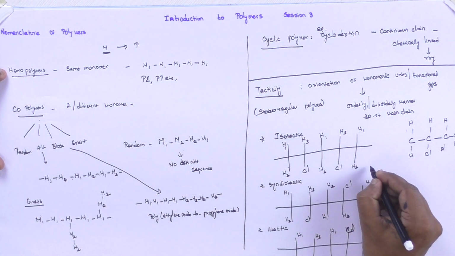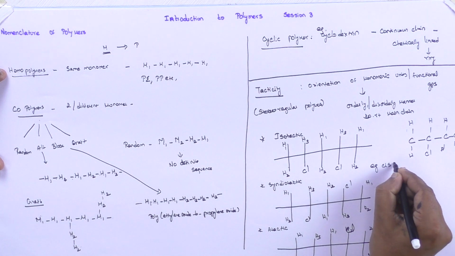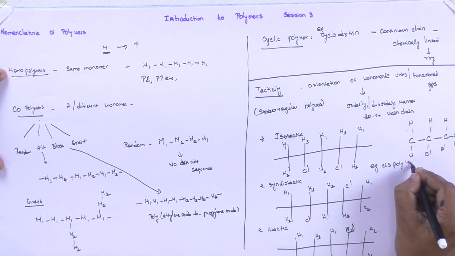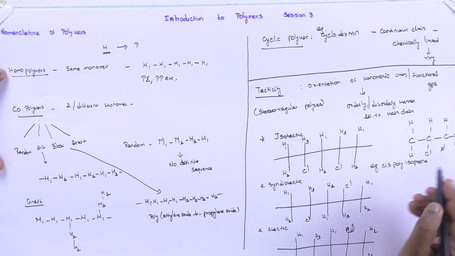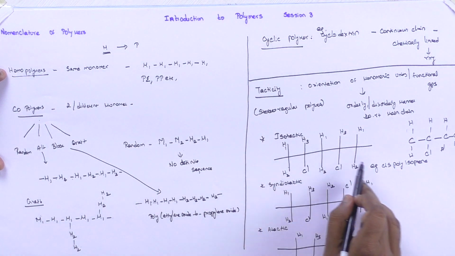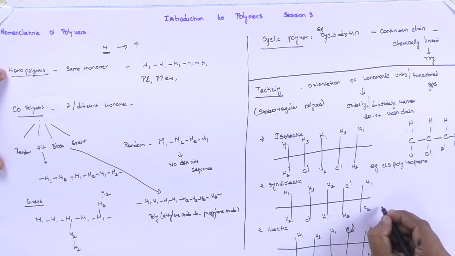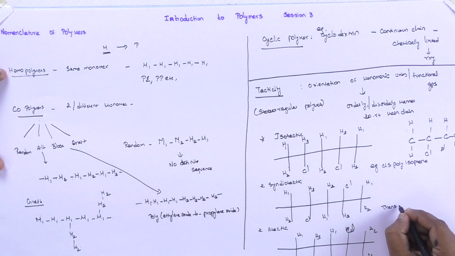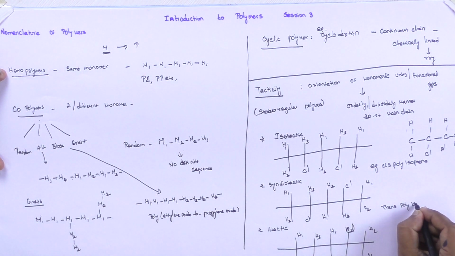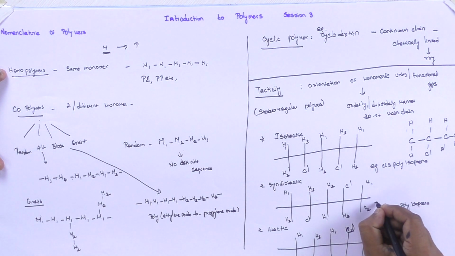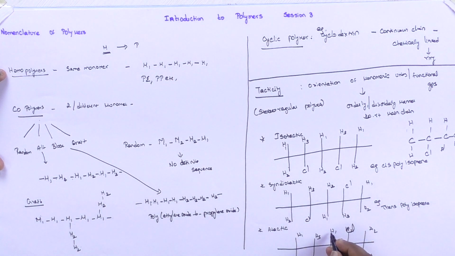One good example of an isotactic polymer is cis polyisoprene. Trans polyisoprene is an example of a syndiotactic polymer. An atactic polymer may be polypropylene.